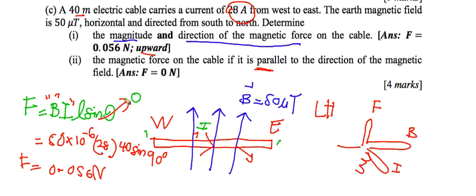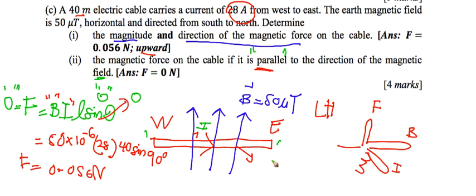So sine theta is equal to 0, so L times I times B times 0, the force is equal to 0 when the direction of the magnetic field and the cable is parallel.